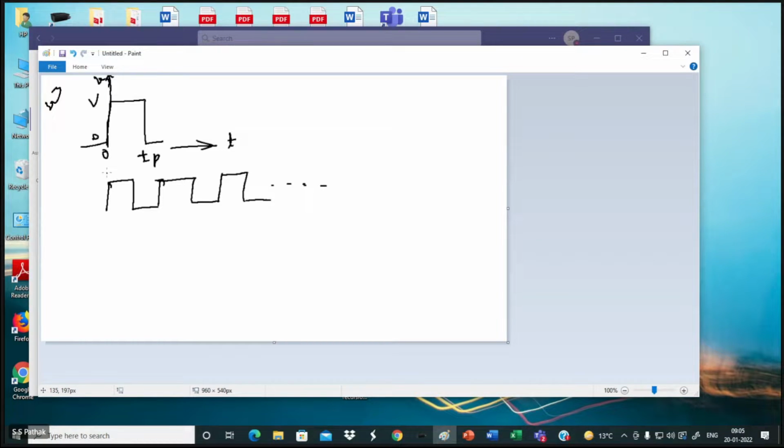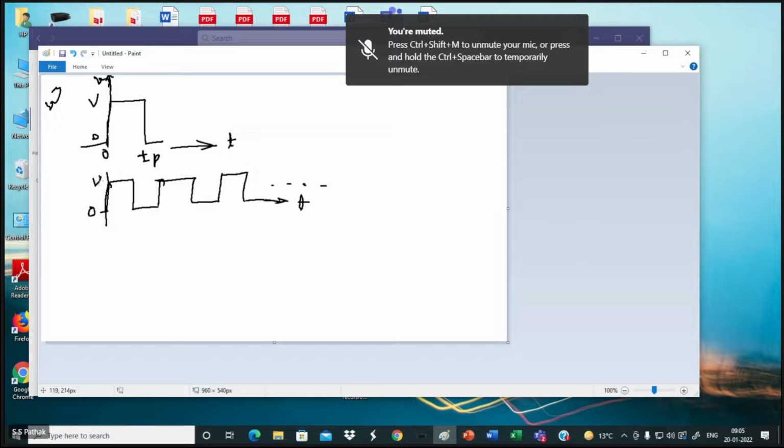Here is my, let us say, 0, t equal to 0. It is coming like this. So you all know I have made it 0 to V only. It is a positive pulse. Pulse amplitude will be constant here. It will here become a 0.